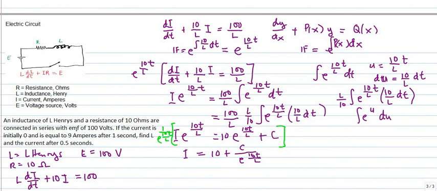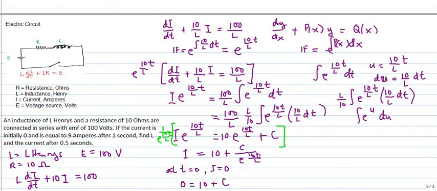Now going back to our problem, the current is initially 0. In other words, at t equals 0, our I is equivalent to 0 based from this statement. So when we substitute the value of I and t, this I becomes 0, which is equivalent to 10 plus c.